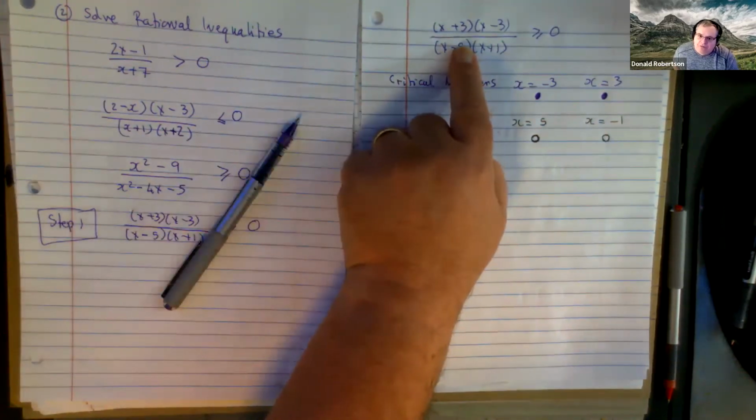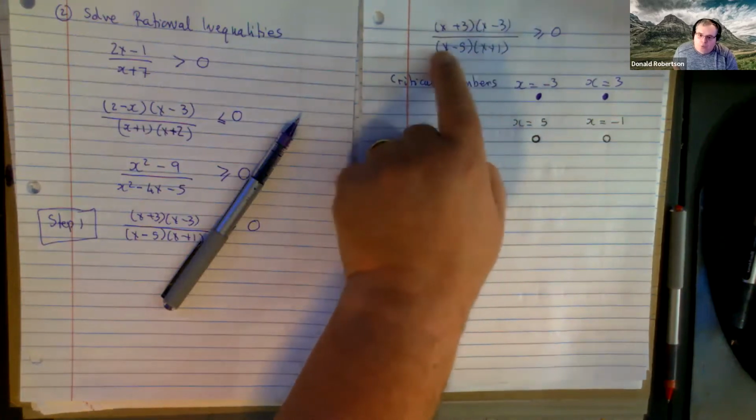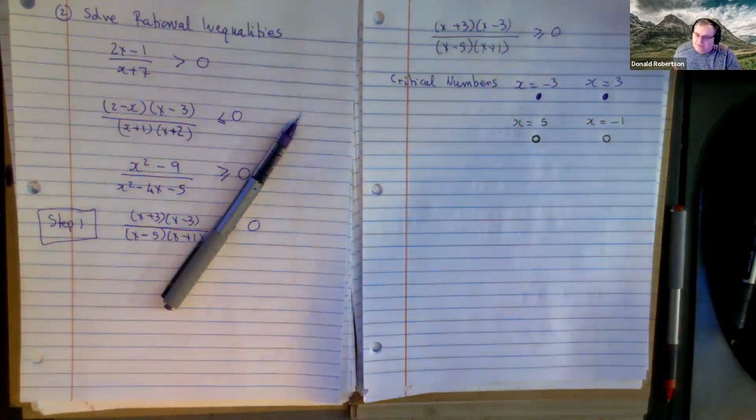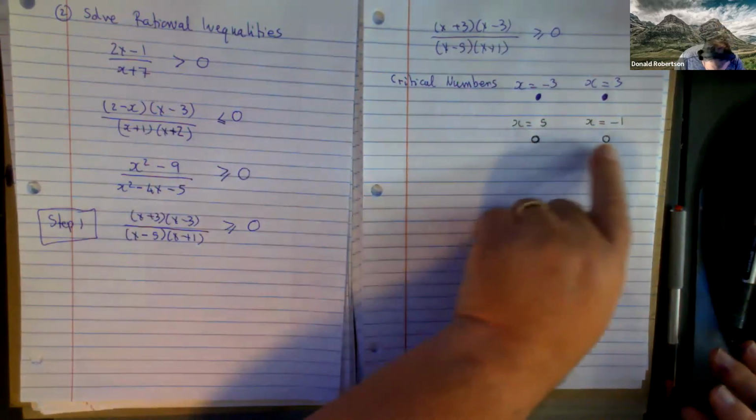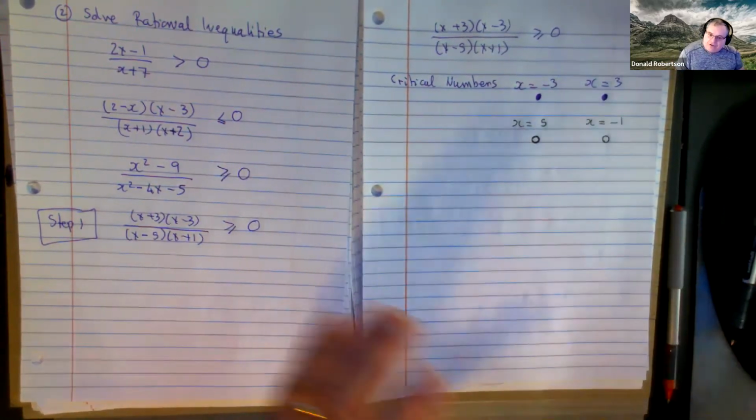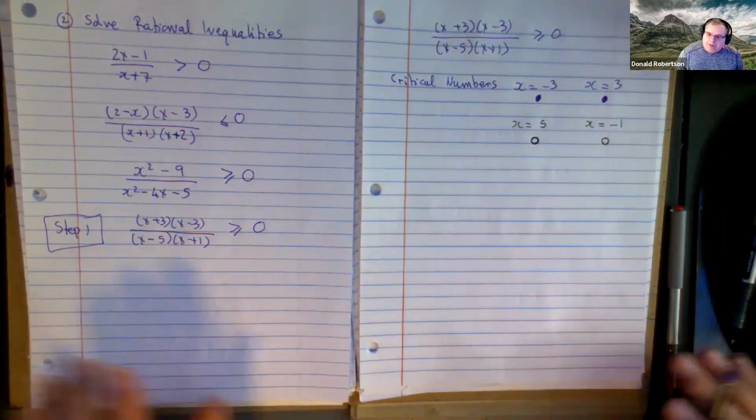Because if I try to evaluate this fraction at 5, I would not get the answer 0. What I would get is some number over 0, like 25 over 0 or negative 9 over 0. And we do not have a value for them. They're undefined. And if they're undefined, you're not allowed to use them, because you don't know what they're equal to. So that's the little added thing that you just need to remember.